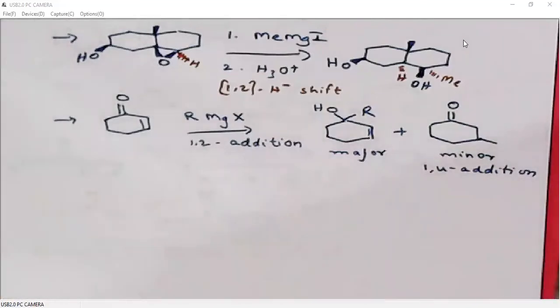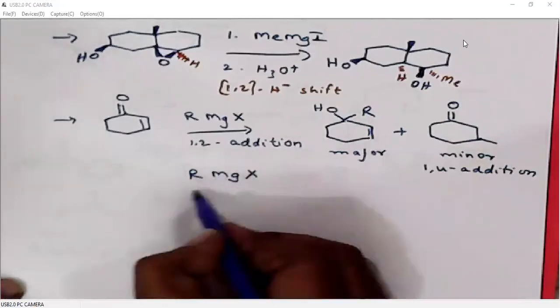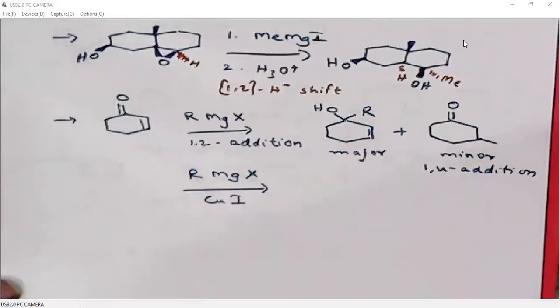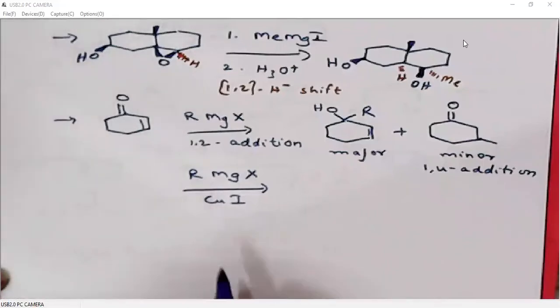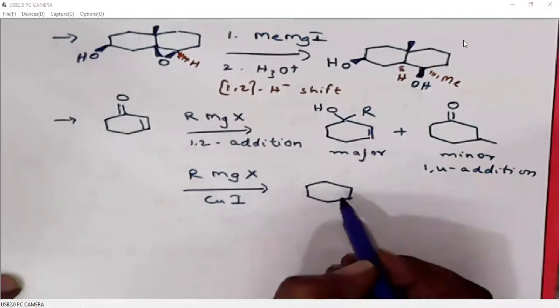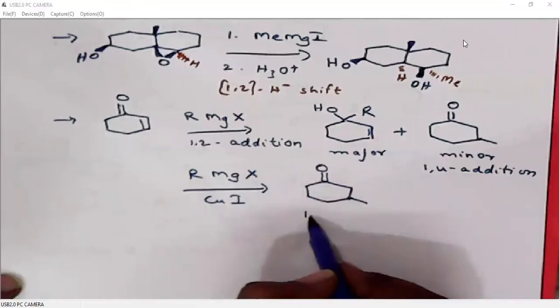Generally, Grignard reagents are hard nucleophiles, so they will undergo 1,2 addition. But in the presence of some copper salt, copper, as we know, makes the substrate or a reagent soft in nature. So in the presence of copper salt, Grignard reagents will give you 1,4 addition exclusively.